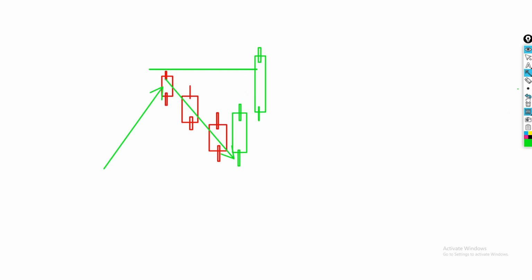Now you understand that price has good liquidity, good fuel, and we're probably not going to be retracing as hard as we would if we had broken the structure with a wick. Keep that in mind, guys. If we break with a strong candle that closes above the previous structure point right here, that means we have good liquidity in our hands, we have good fuel, and we may just get a 50% retracement and continuation.